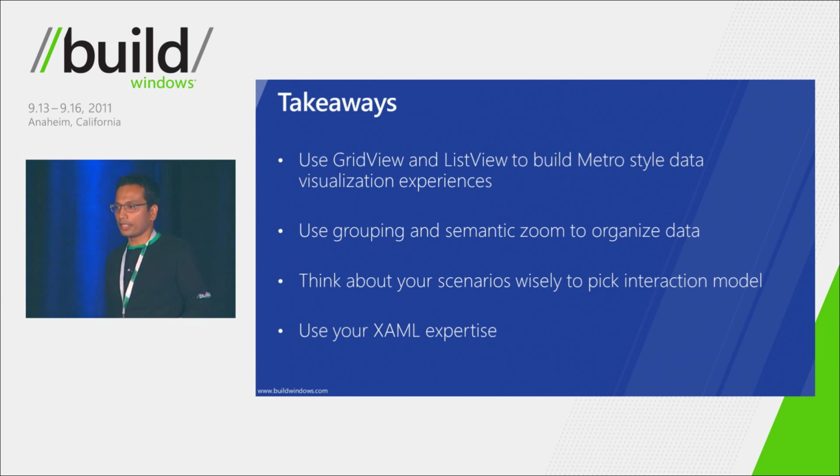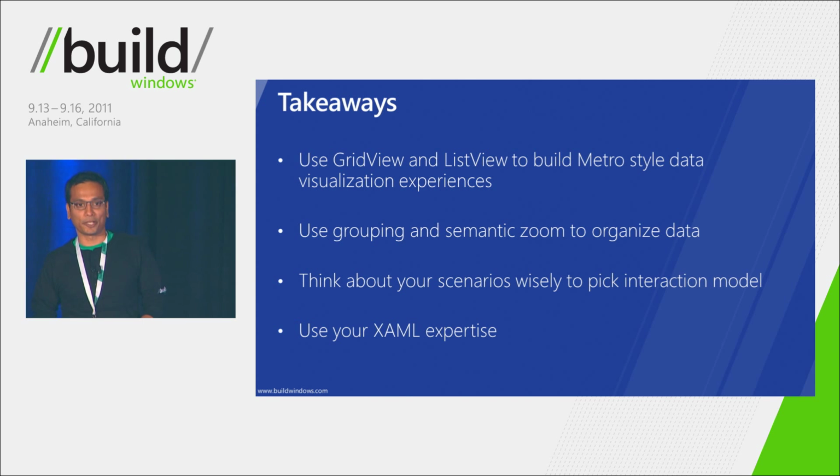For data scenarios that make sense, please consider using the grouping support and semantic zoom support, as it makes for a much simpler and easier user experience for your end users. And the third point there is actually kind of an important point, in the sense that it does not seem very important, and I've seen a bunch of XAML developers on our team not pay attention to it.